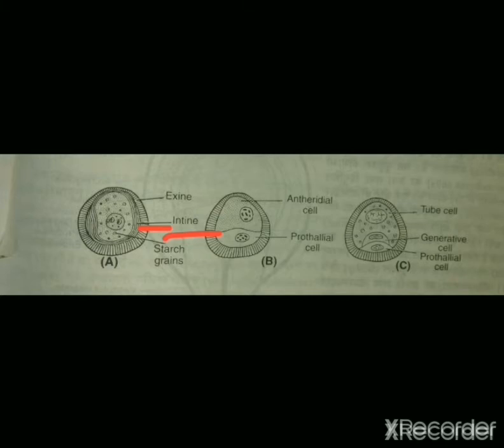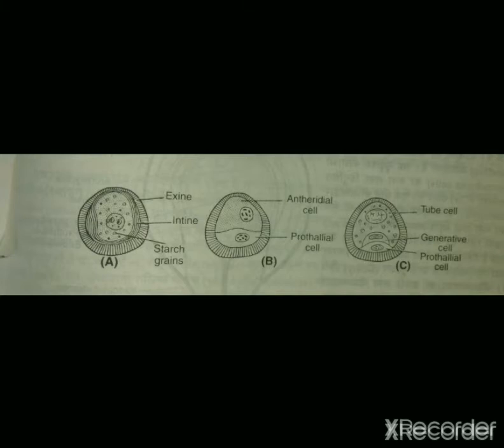So this pollen grain structure is the first cell of a male gametophyte, and in this case the pollen grain nucleus divides through the process of mitosis.